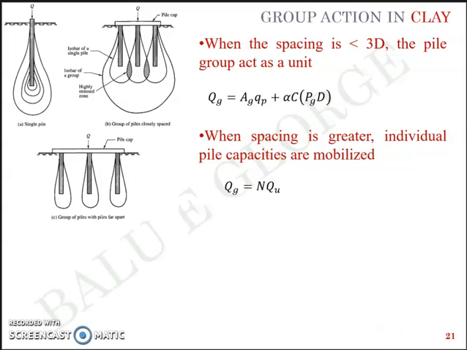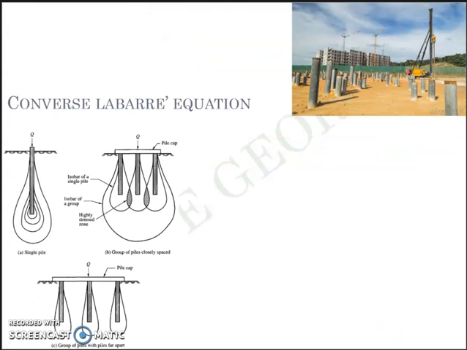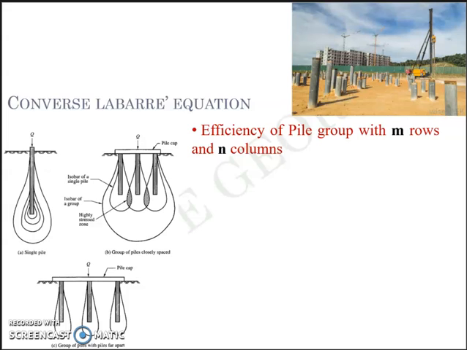Now, there's an equation or relation proposed by Converse-Labarre, where the efficiency of a pile group with m rows and n columns. So in this figure you can see an arrangement of piles which, let's say, is in a rectangular pattern. When this is in a rectangular pattern, you count the number of rows and you count the number of columns, quite similar to the way students are seated in a classroom, m rows and n columns.